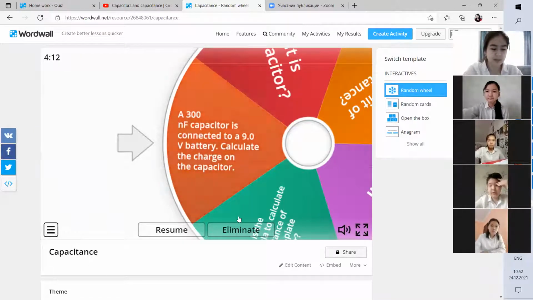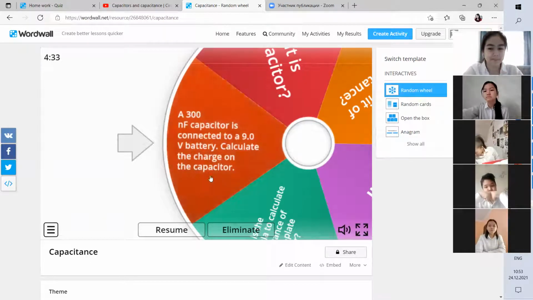Q equals 3 times 10 to the power of minus 7. Can you repeat? Q equals 3 times 10 to the power of minus 7. Okay, Q equals C times V. It is correct. Okay, next.